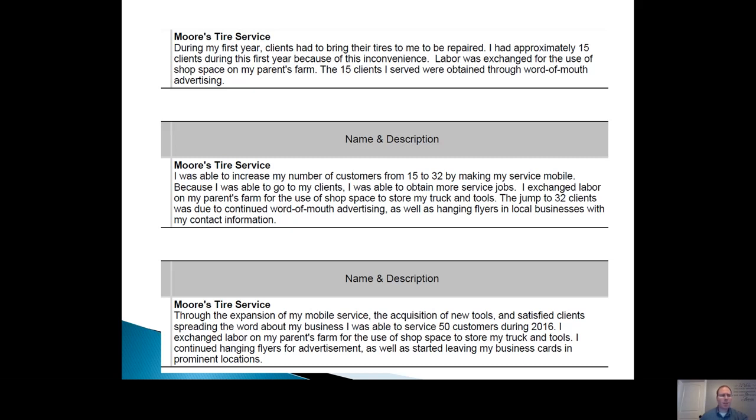So in terms of what we would expect on his income and expense page, we would expect a little income from 15 clients. We would expect some expenses for the materials he's buying, inner tubes and valve stems and things like that. We wouldn't expect a ton of capital assets because he's using dad's shop and dad's equipment.